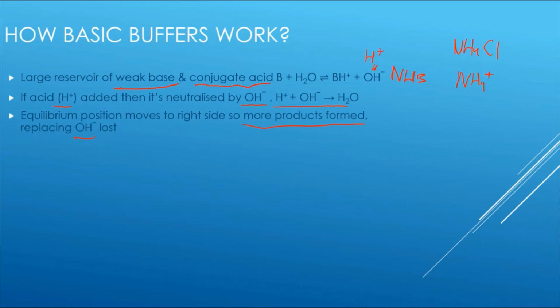But this has also gotten rid of H plus, and because of that there wouldn't be a change in pH, as the concentration of H plus is nearly the same as what we originally had.